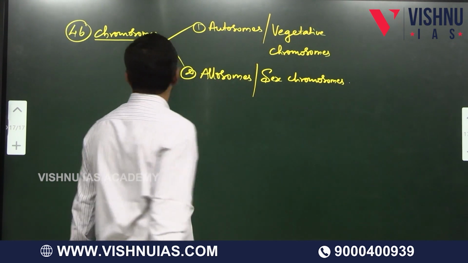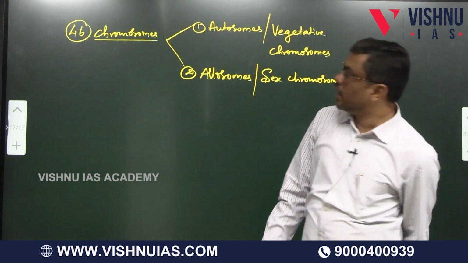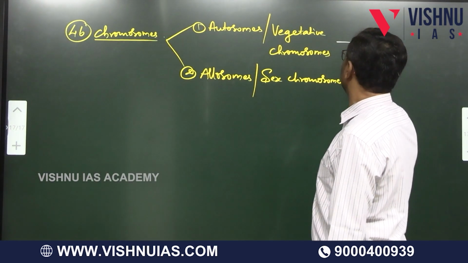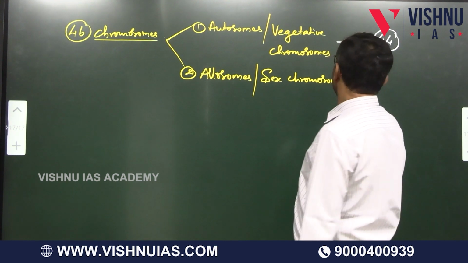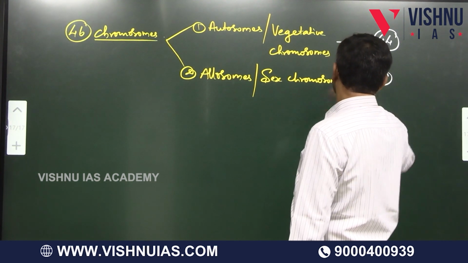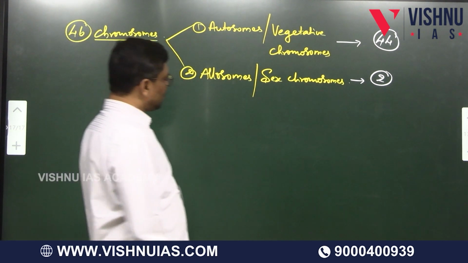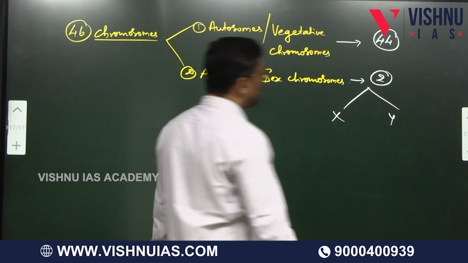Okay, right. So, these 46 chromosomes can be divided into two types. One is autosomes or vegetative chromosomes. There are 44 autosomes. Allosomes are sex chromosomes. There are two chromosomes. And these allosomes are of two types again: X type and Y type.